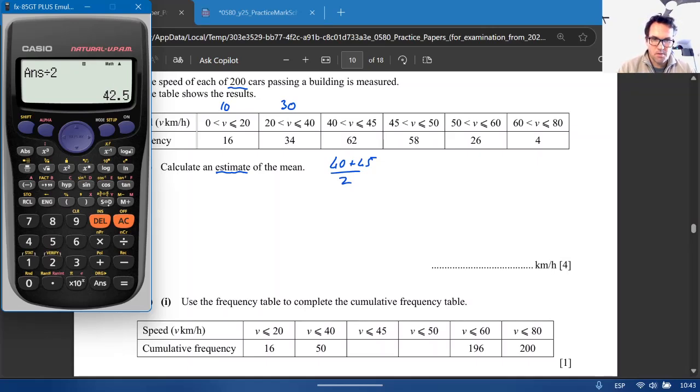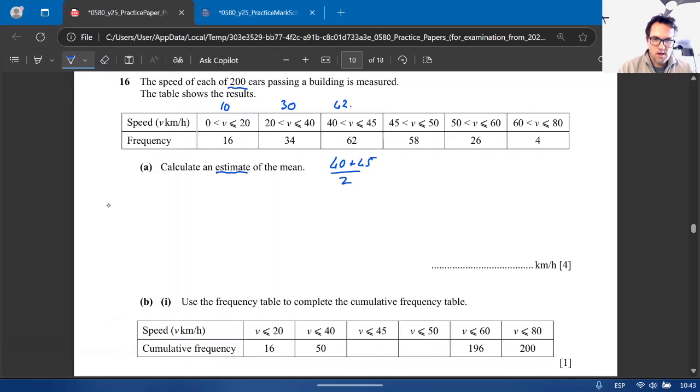See, I wasn't paying attention. Any uncertainty, add it together. So the next one, I'm pretty sure it's only 5, and halfway between 5 is 2.5. 2.5 plus 45 is 47.5. But if you're not sure, just add it together and divide by 2. Next one is 55, and the last one is 70. It's better to make double sure of all of these, because it's so easy to make a mistake.